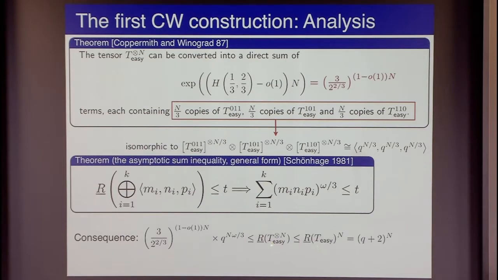Now the rank of this is at most the rank of T_EZ to the power n, which is (q+2)^n. Then you do the numerical computation, take the power 1 over n, and do the optimization, and you find that the best value is q equal to 8, which gives you an upper bound of 2.403.